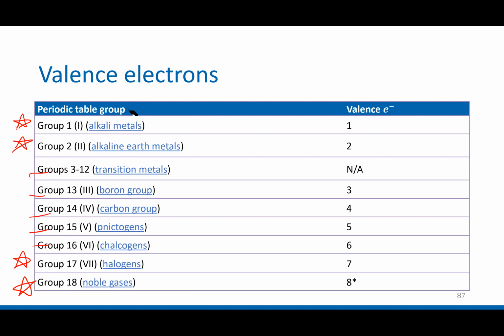Group 1, you have to know this name: these are the alkali metals. Group 2, the alkaline earth metals. Group 17 is the halogens, and group 18 is the noble gases. These 4 groups, you must memorize.